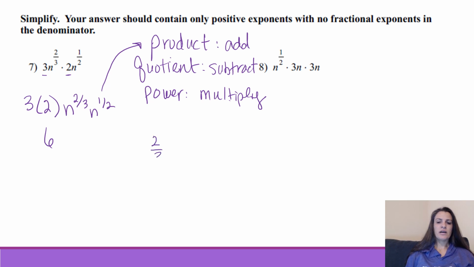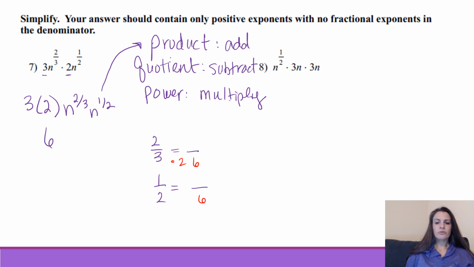So off to the side, I'm going to take 2/3 and change it to have a common denominator with the 1/2. The common denominator between 2 and 3 is going to be 6. So I need to multiply each fraction by a certain number so that I get a common denominator of 6.